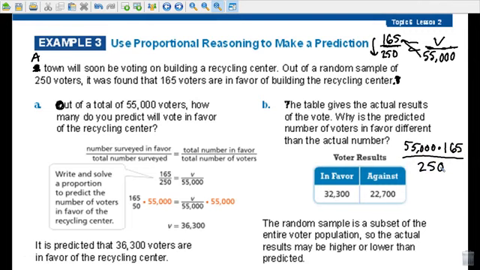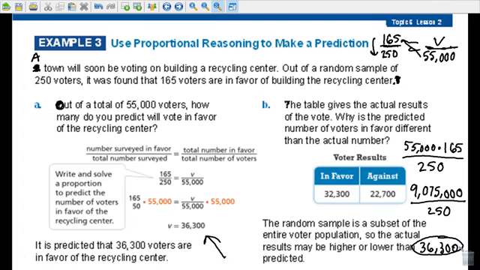In my little handy dandy calculator, 55,000 times 165 gets me 9,075,000. And then that goes over 250. Then I will divide that 9 million by 250 on my calculator, and I will turn out with 36,300, just like they do over here. So I know I'm correct. So that is my prediction for how many people will vote in favor of the recycling center.